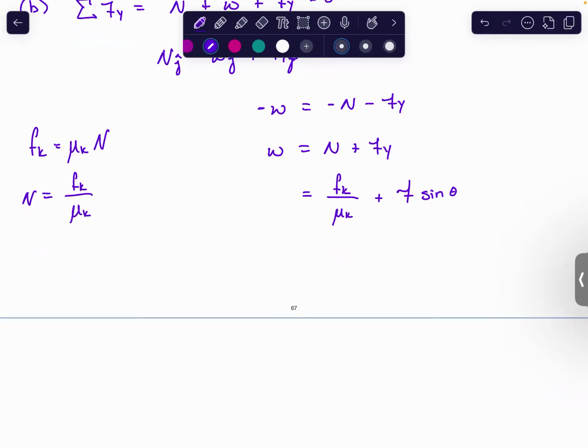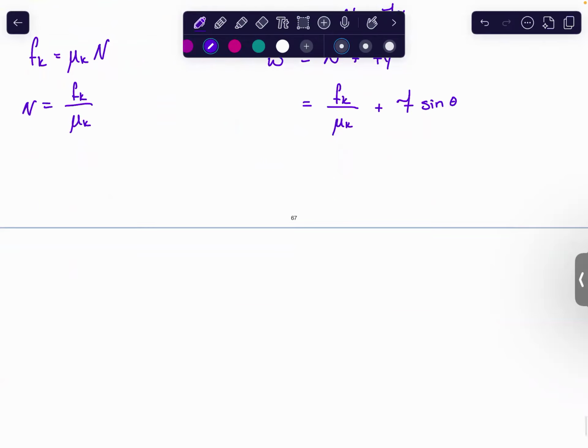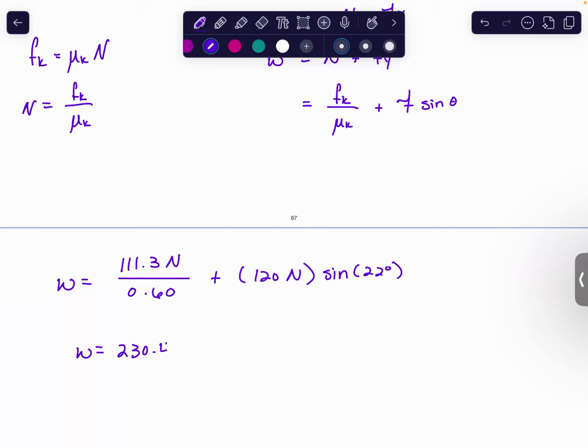And now I have an equation I can plug numbers into. Weight is going to be 111.3 newtons over 0.60, my coefficient, plus 120 newtons, sine of 22 degrees, and my weight comes out to be about 230.4 newtons.